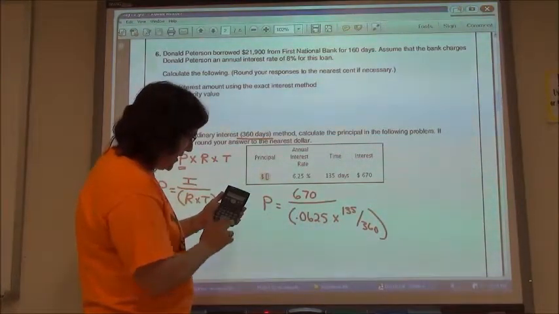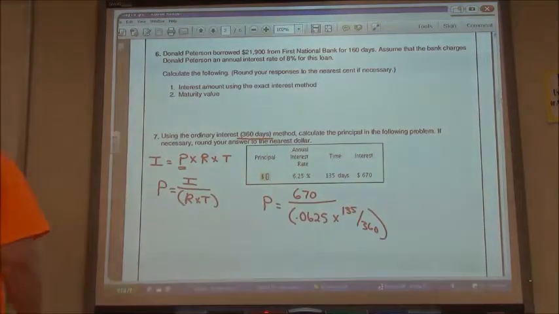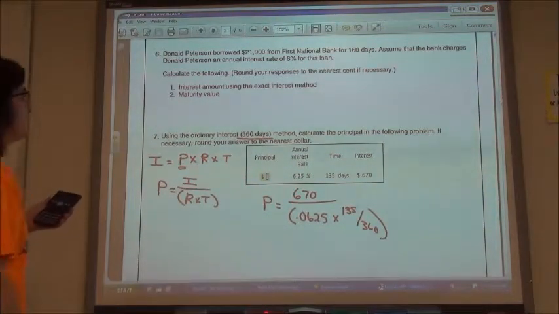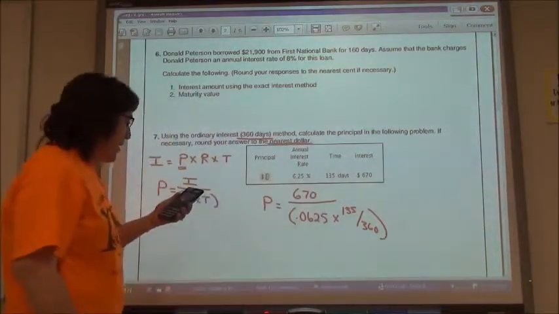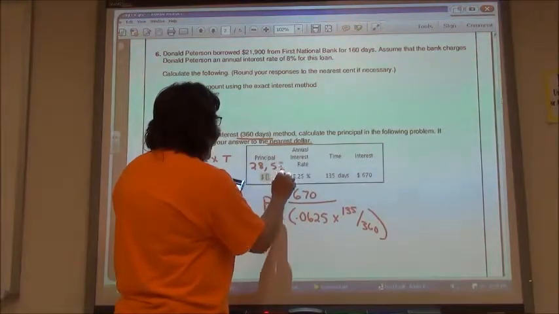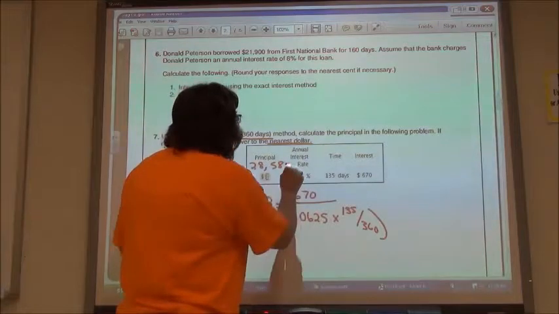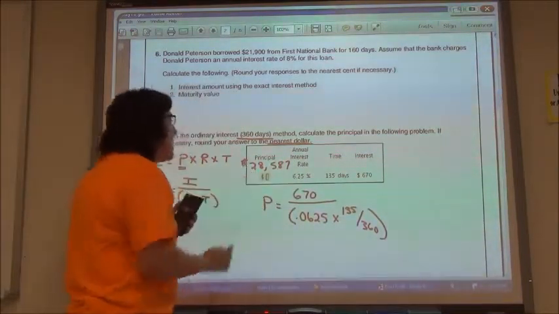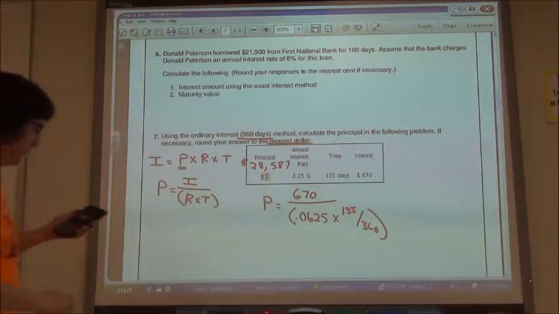Close my parentheses and hit equals, and I have to round that off to the nearest dollar. I get 28,586.666666, so I rounded up to $28,587. $28,587 would be my principal.